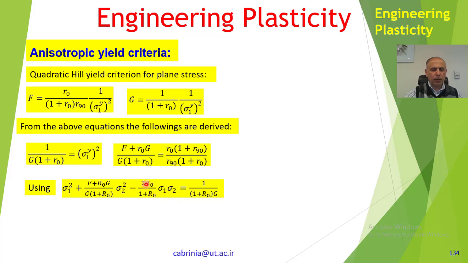So this capital R and small r are the same here. Some books use capital R, some books use small r, but I should have used the small r throughout, but I had forgotten. So this is the same thing. I will change it in the PowerPoint and upload it for you.